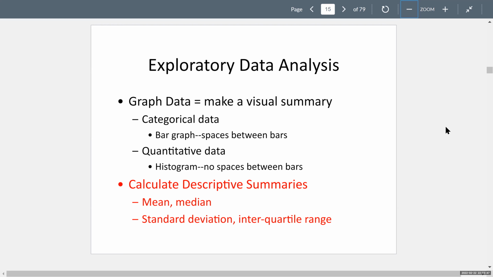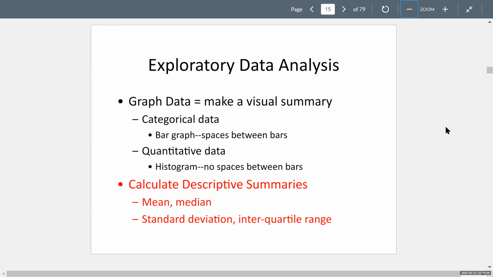Median is defined as being in the middle of the data set. If our data is normally distributed, the mean and the median will be the same number. So if our data set is perfectly symmetrical, then mean and median will tell us the same thing. The standard deviation, on the other hand, is going to tell us how wide our histogram is.